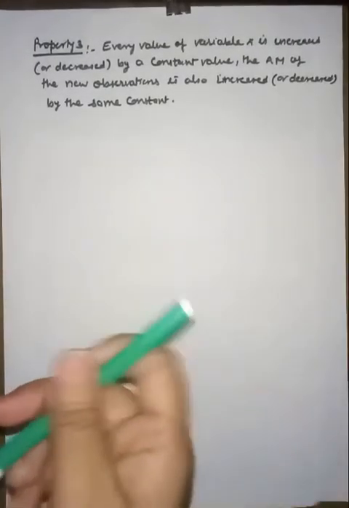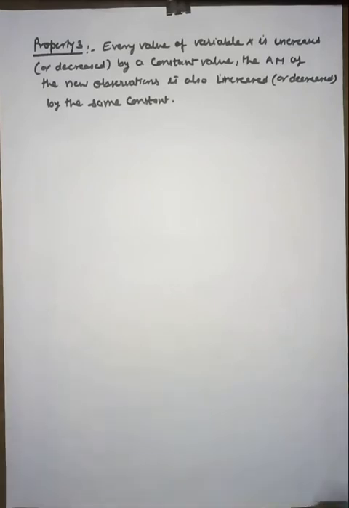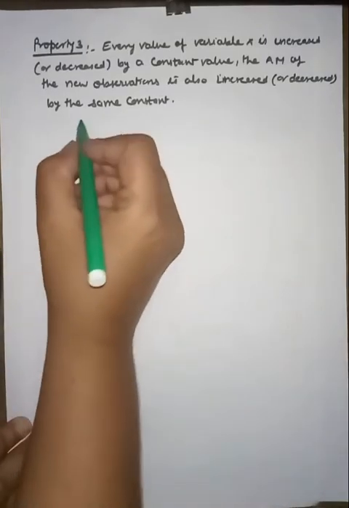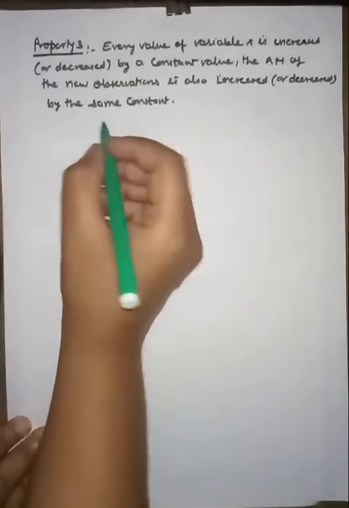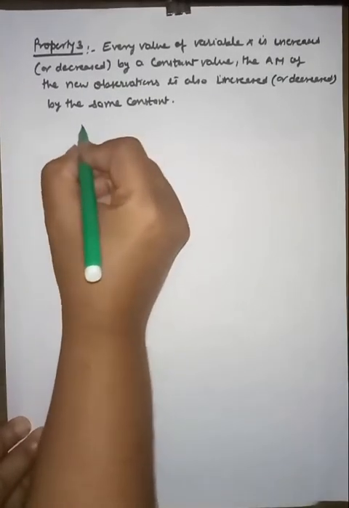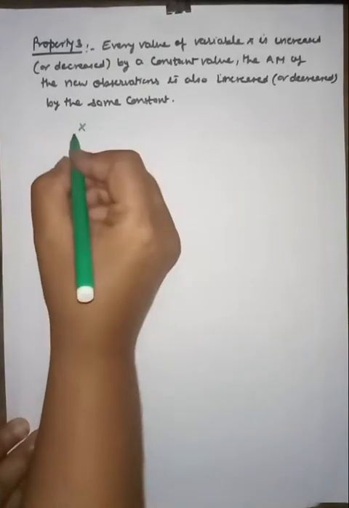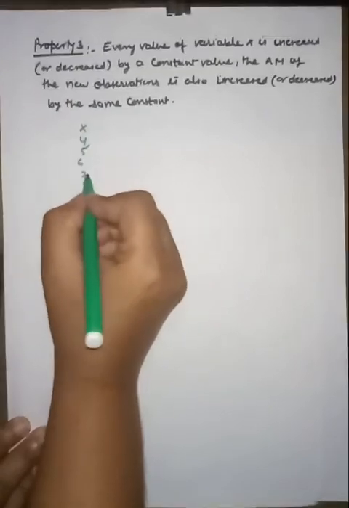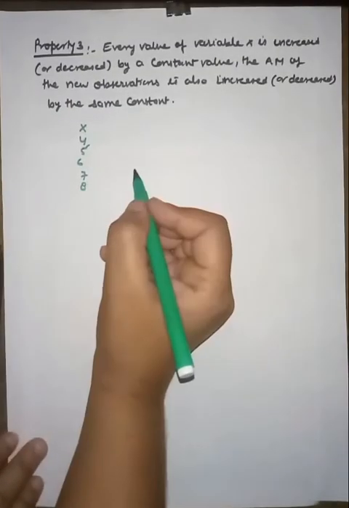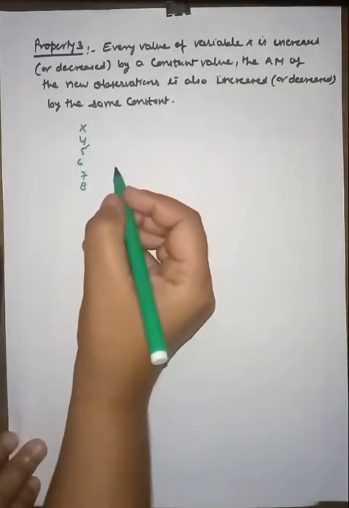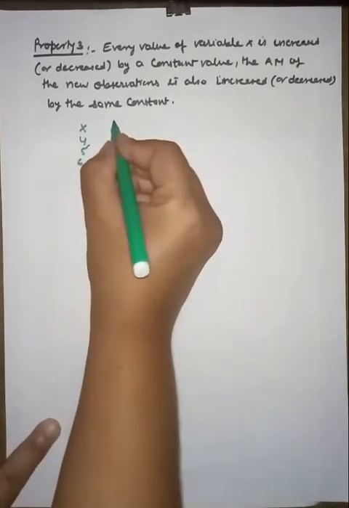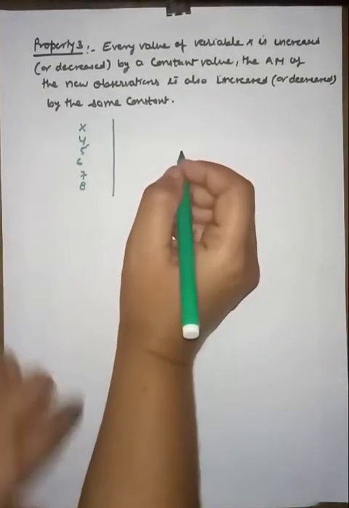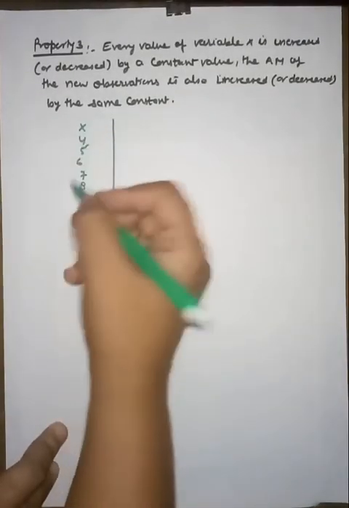Now let us consider an example. Consider a variable x that assumes values 4, 5, 6, 7, 8, right? Now make another table. Suppose I increase these values by 2.